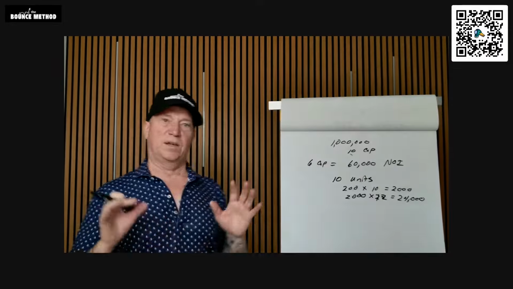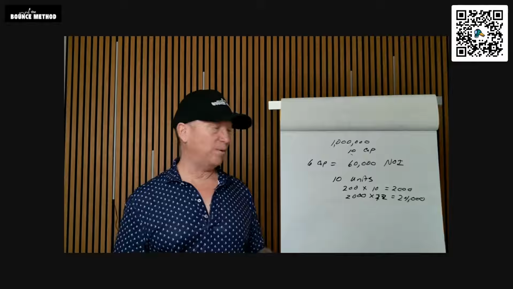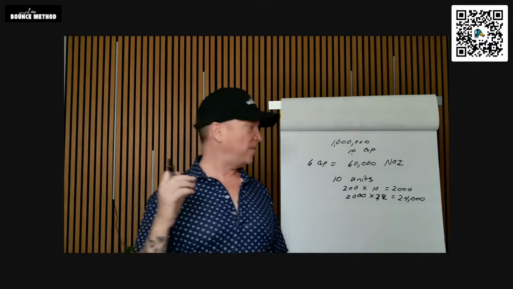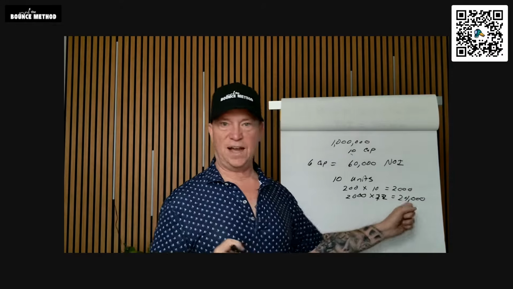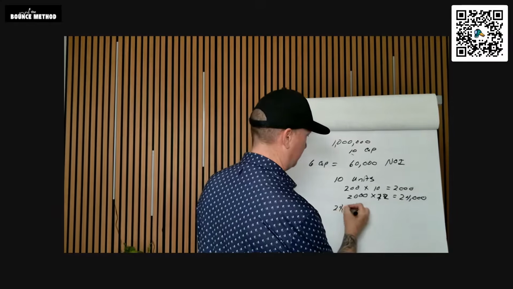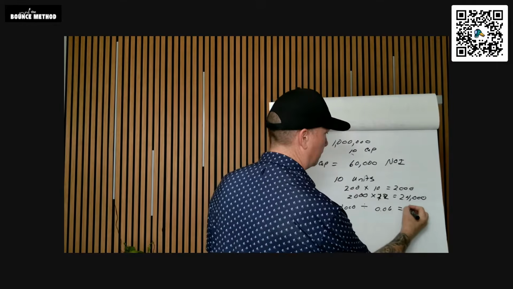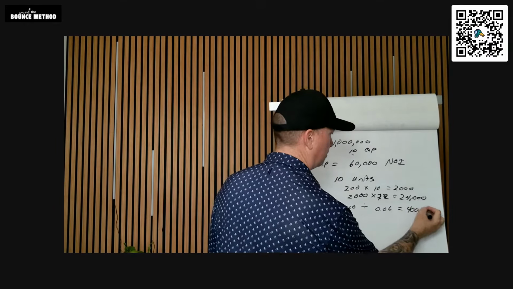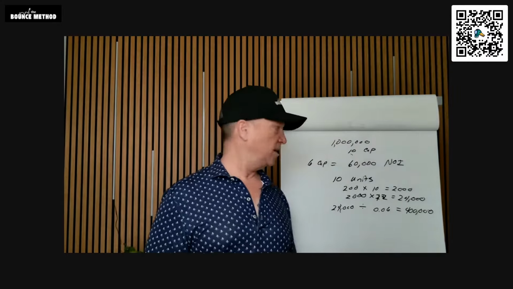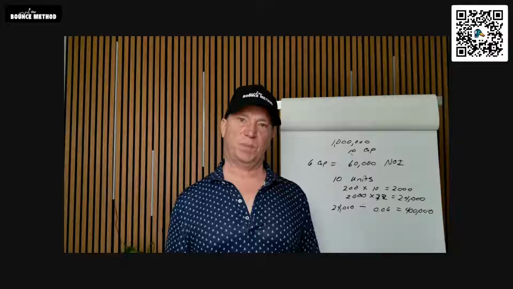So, taking that $24,000, let's divide it out using the 6 cap. If I take that $24,000 and divide it by the 6 cap, that now changes the value of our property by $400,000 just by increasing the rent by $200 a piece, right?